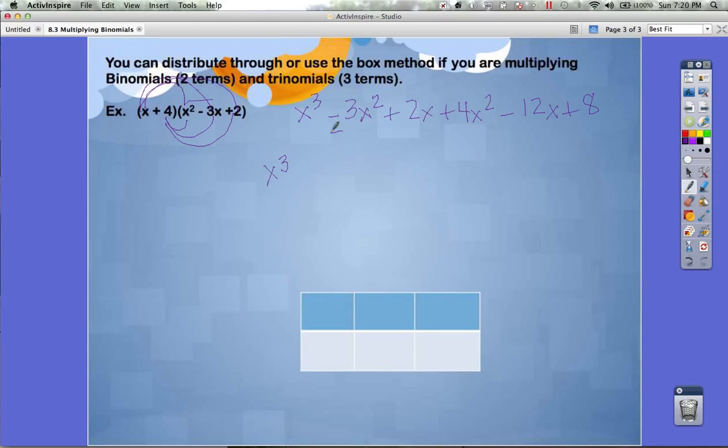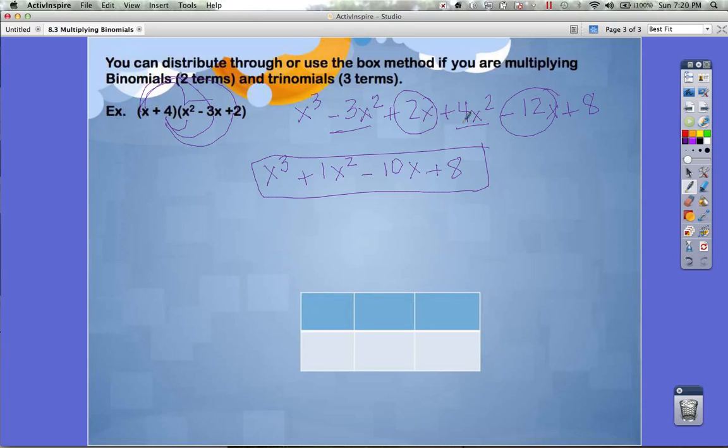I have a negative 3x squared and a 4x squared. So that's going to be plus 1x squared when you combine them. I have a 2x and a negative 12x. So that's going to be a minus 10x. And then it just leaves me with the plus 8 at the back. This would be my final answer.